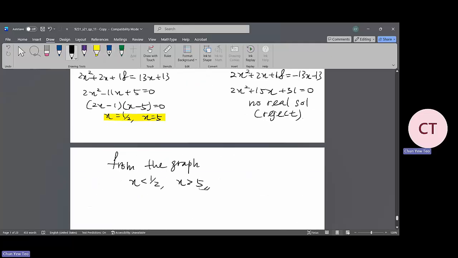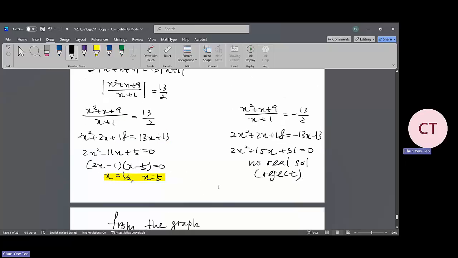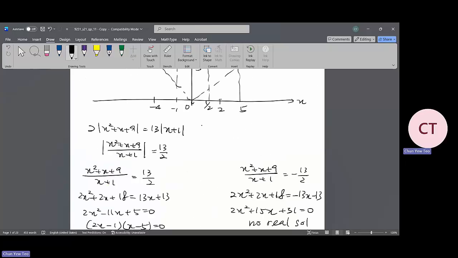They mentioned that the answer is this. But according to the graph, the x actually cannot equal to -1. So should we mention that the x cannot equal to -1? Okay, so now the problem is, this is the original questions. When I change into this, you already modified the equations already.